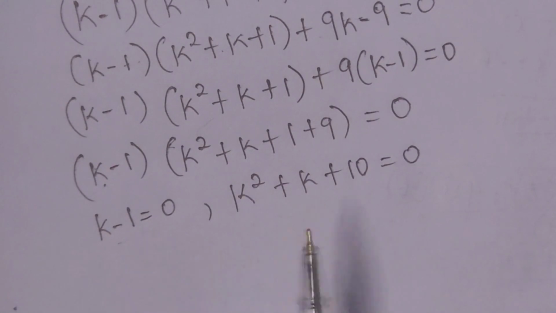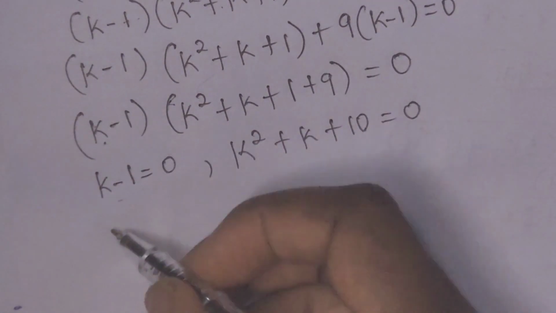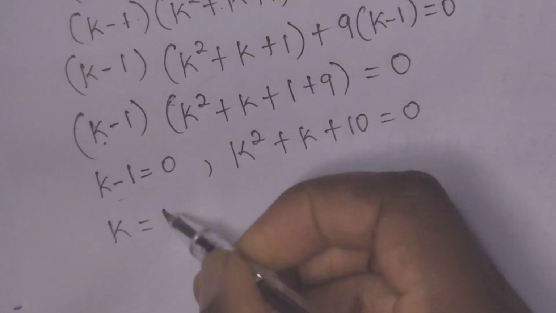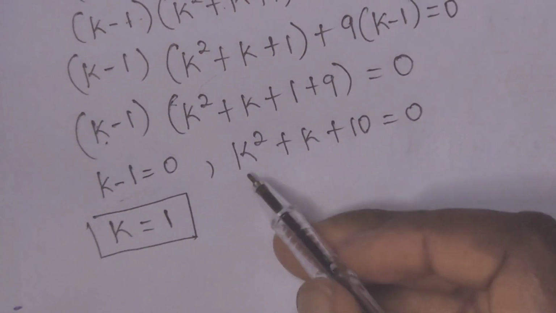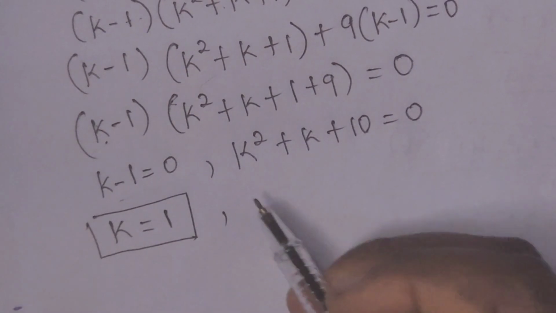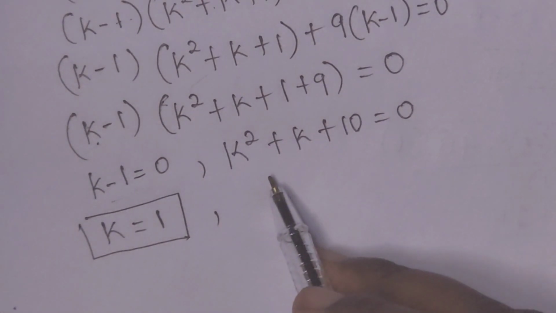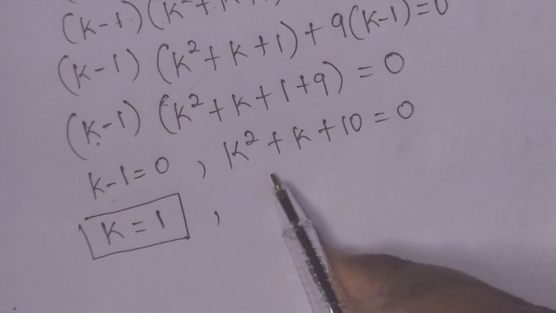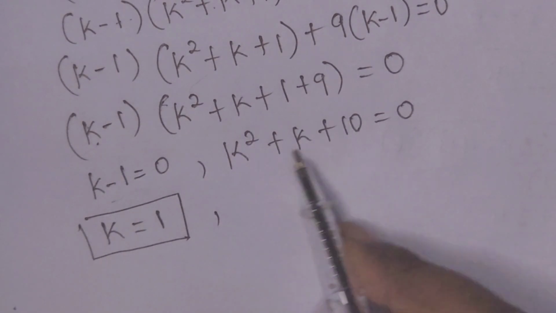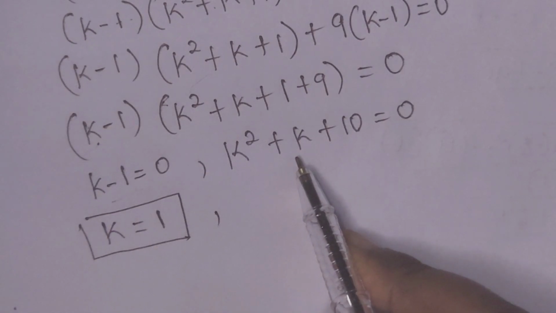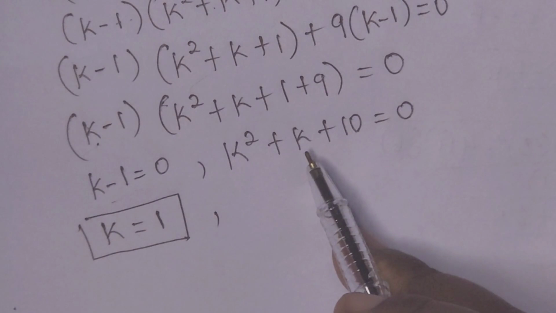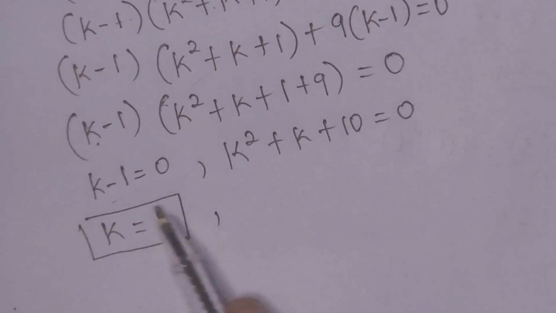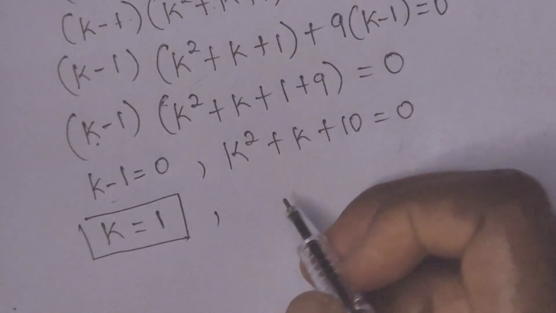So simplifying this linear equation, we have that k is equal to 1. So this is the first value of k, and for this we don't want to work with a complex solution. So when we check the discriminant of this quadratic equation, if it's a complex number, it simply means that we'll be working with k equal to 1.